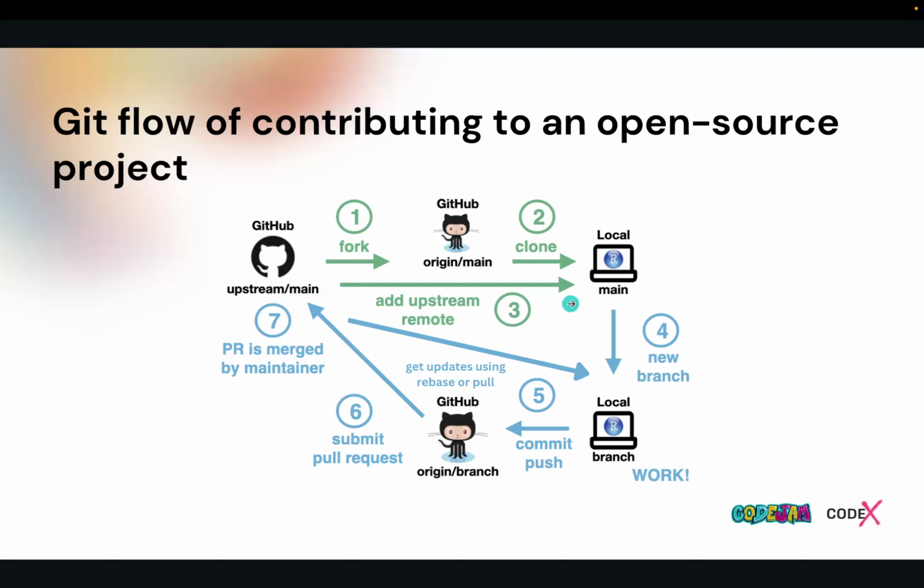They are directly cloning the upstream, and then pushing things into the origin, and again making a pull request to the upstream. So the best practice is forking the upstream to your own account.